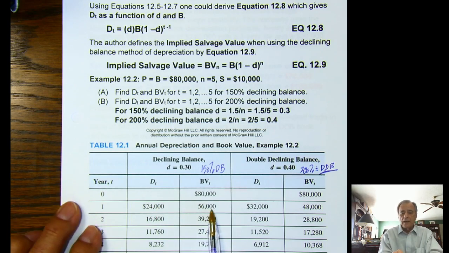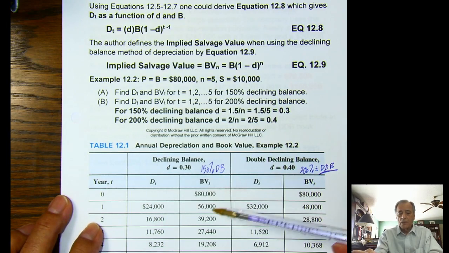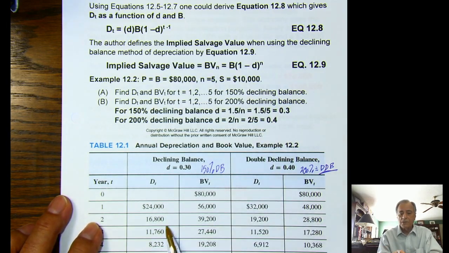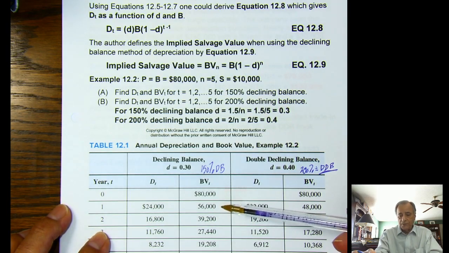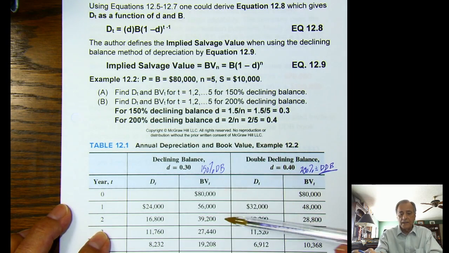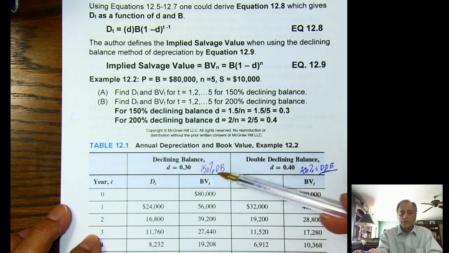Now the book value is 56,000 at the end of year 1. So how much depreciation can we take in year 2? Well, we can take 30% of 56,000 using equation 12.5. So when we do that, we get 16,800. What's the book value then after you take this 16,800 worth of depreciation? You have 56,000 minus 16,800, which gives you 39,200, and so on down the line.